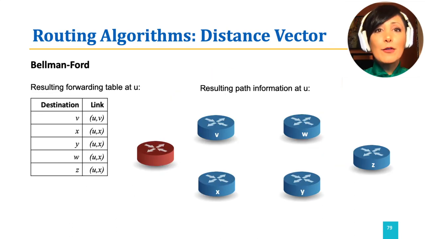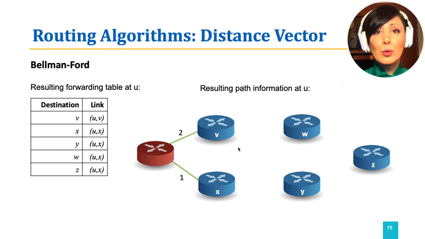The resulting forwarding table at node U will have the destinations in the network with the next hop, or the first link to take to reach that destination. For example, to reach node X, the direct link U-X will be taken. To go to node V, the direct link U-V will be taken.